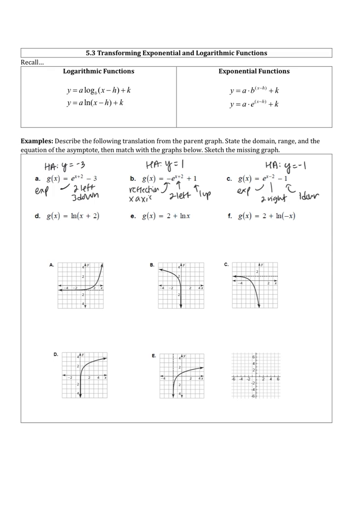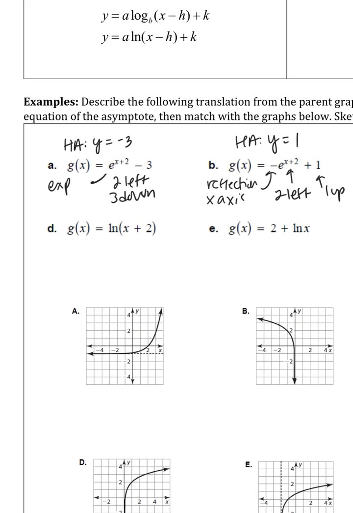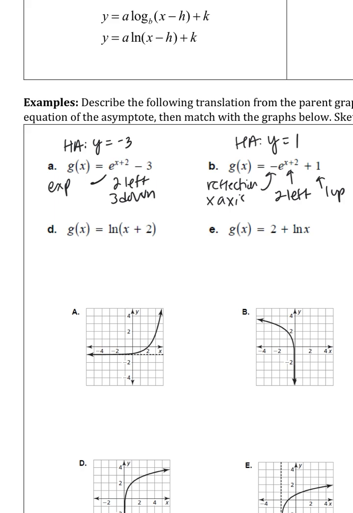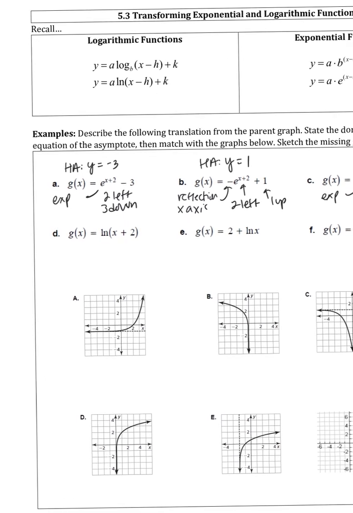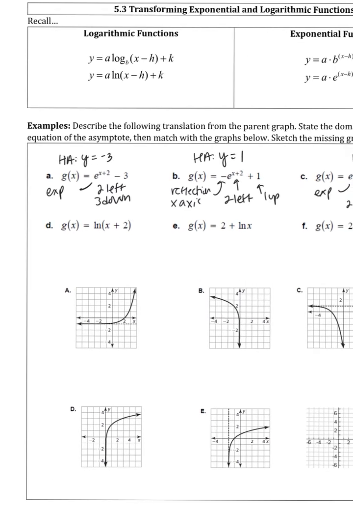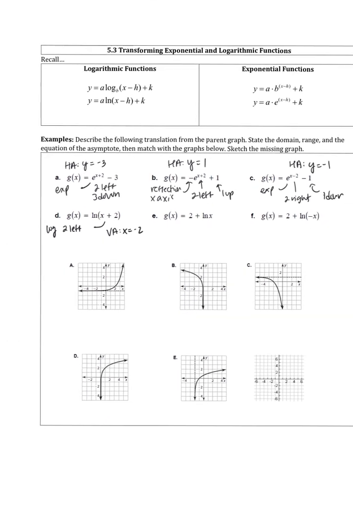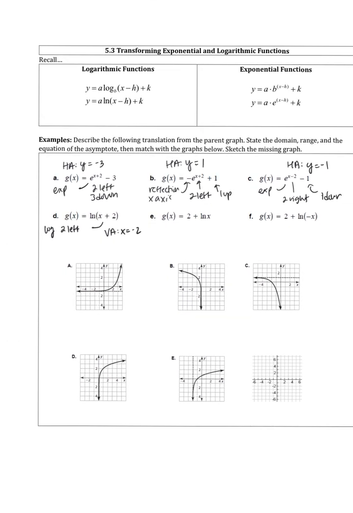All right, and now down here, I notice I have a logarithmic function. So let's look at this. We've got a shift of 2 to the left with this log function. And that tells me I'm going to have a vertical asymptote at x equals -2. All right, over here, I can see that I have a log function again with base e.